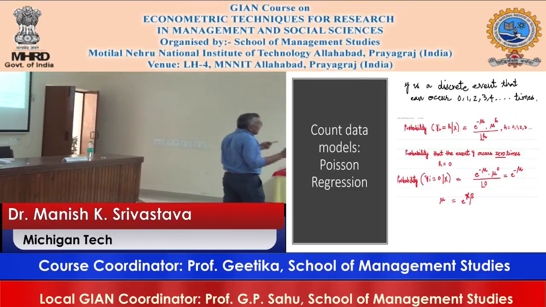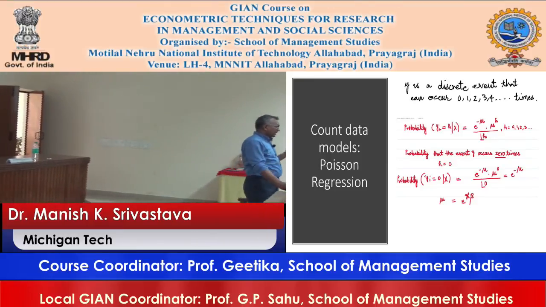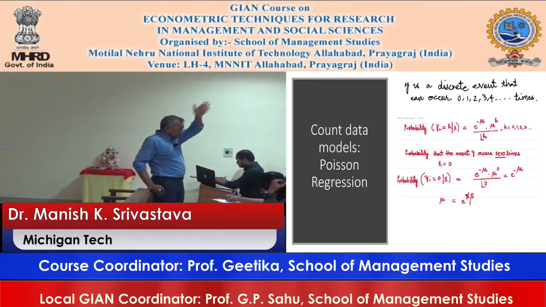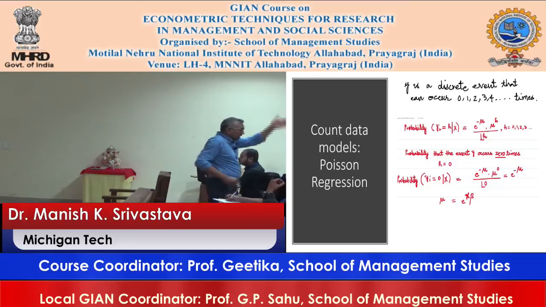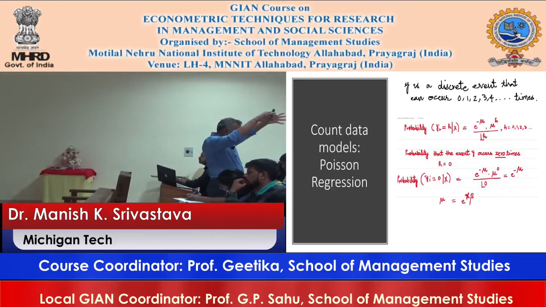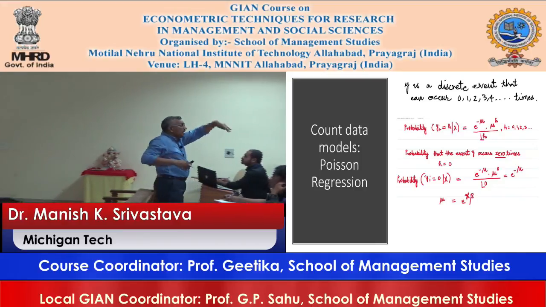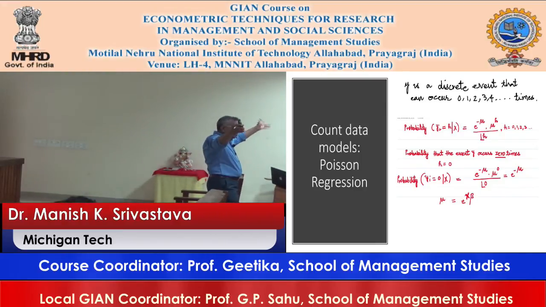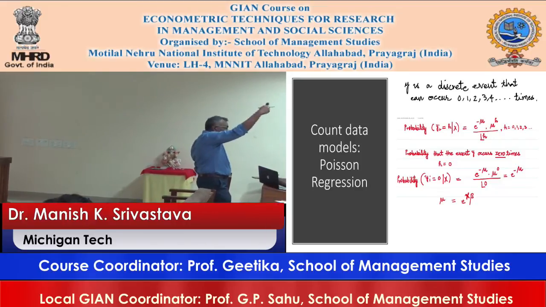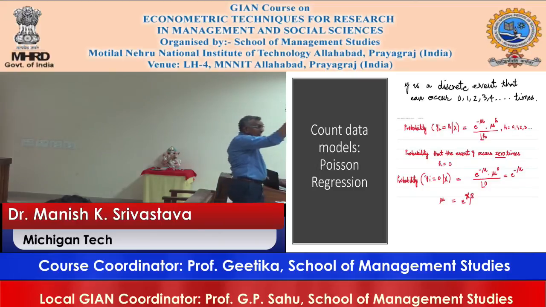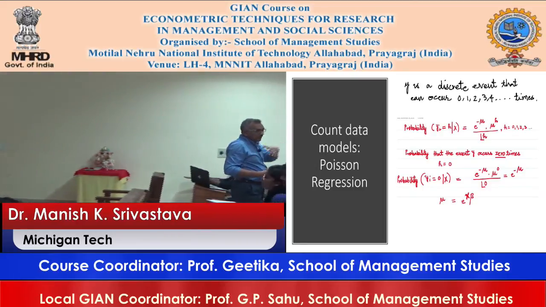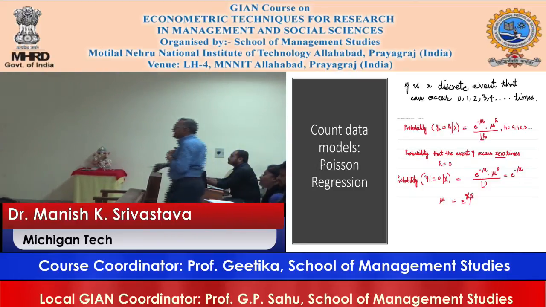The event that you are looking at, let's say the number of children occurring in the society, you look at the mean number of children in the society, and you look at the variance. It is assuming that the mean and the variance of that variable are equal. That's the assumption the model is making.